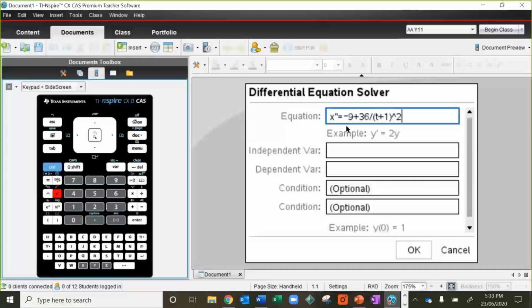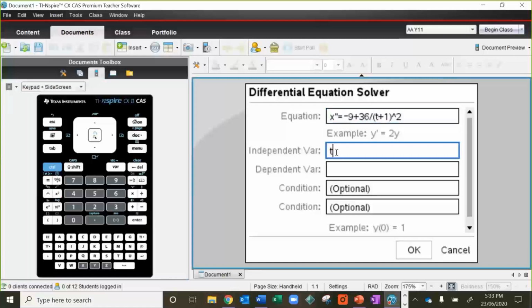So this is the equation. X acceleration is minus 9 plus 36 over t plus 1 squared. Our independent variable is t, and the dependent variable is x. So we treat x as the vertical direction up in this particular question.